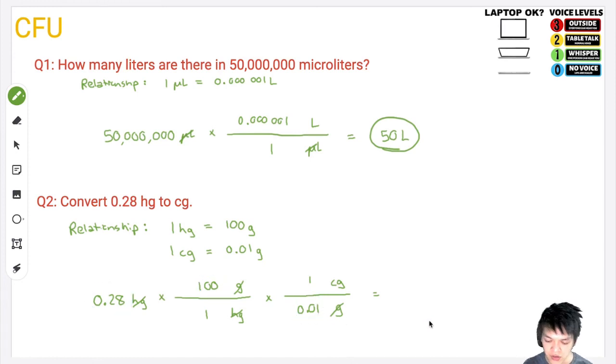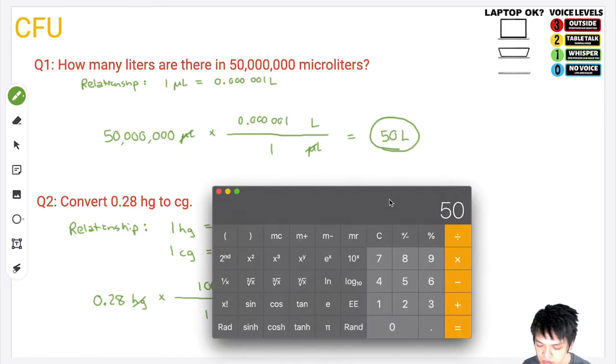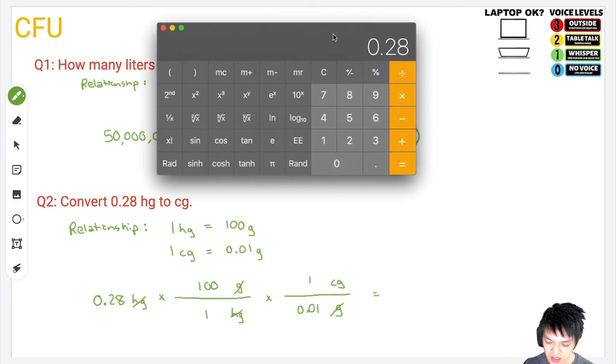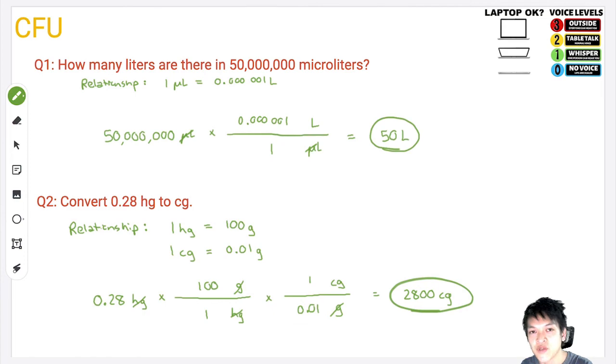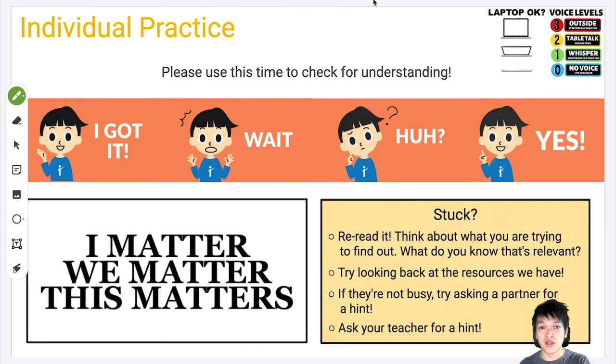Okay, so here we go. Let's check this in the calculator. 0.28 times 100 divided by 0.01 equals, a big number, 2,800. And then 2,800 what? 2,800 centigrams. There it is. Okay, I hope you found this video helpful.